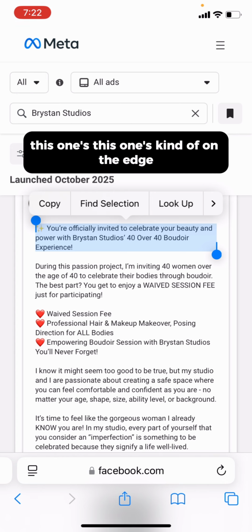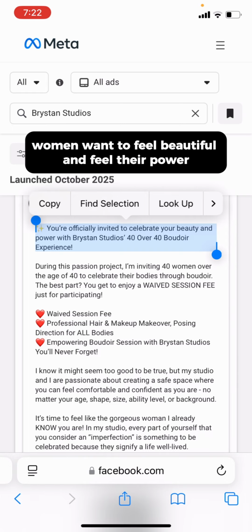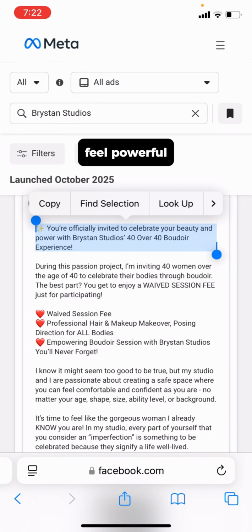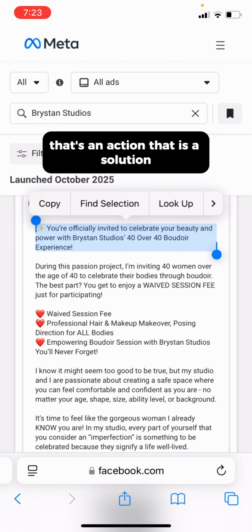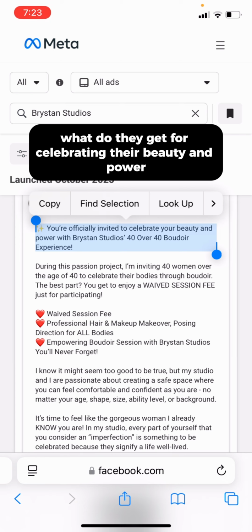Let's think about this one. This one's kind of on the edge, kind of straddling the fence here. I'm going to say no. I'm going to say women want to feel beautiful and feel powerful. But celebrate your beauty and power, that's an action. That is a solution. What do they get for celebrating their beauty and power?